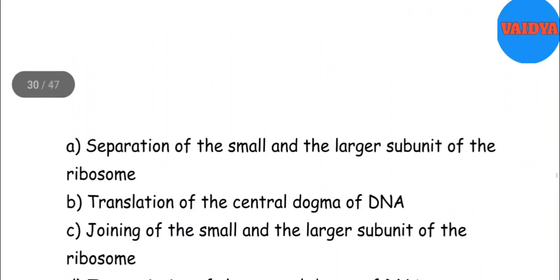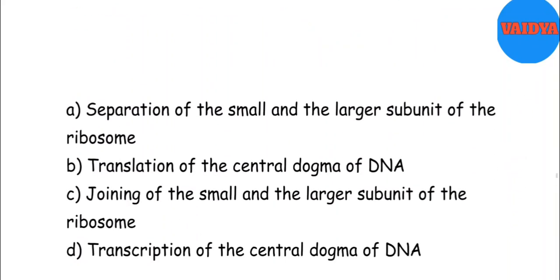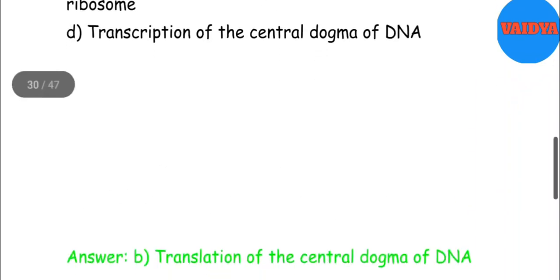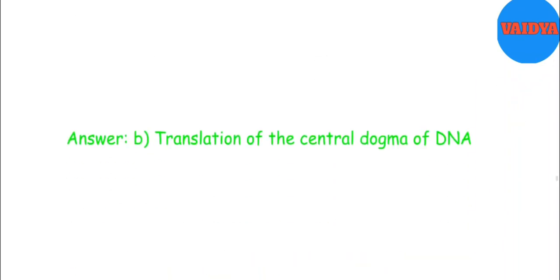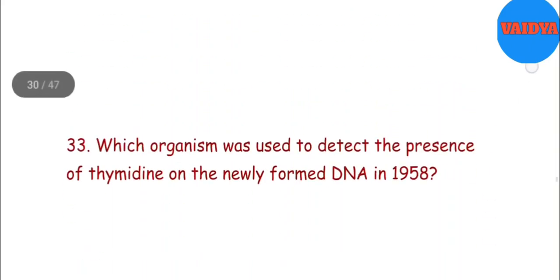A. Separation of the small and the larger subunit of the ribosome. B. Translation of the central dogma of DNA. C. Joining of the small and the larger subunit of the ribosome. D. Transcription of the central dogma of DNA. Answer. B. Translation of the central dogma of DNA.